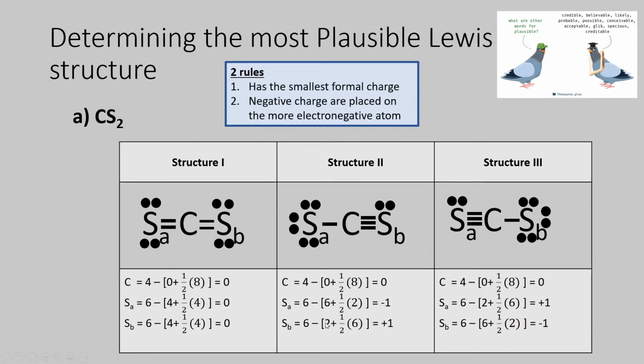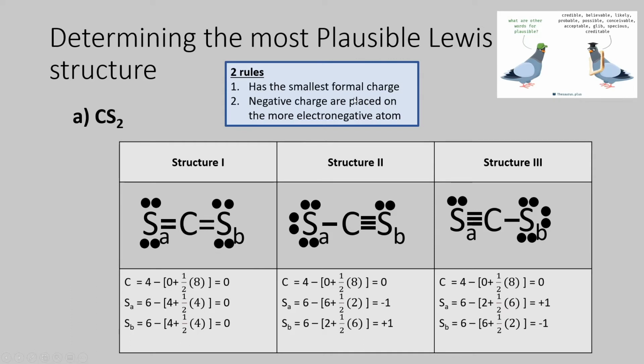Okay, so you rasa which of these 3 compound is the most plausible? Structure 1. Yes, structure 1. Sebab? Sebab dia kosong. Yes, smallest formal charge. Maksudnya, duit awak memang guna betul-betul untuk semua benda yang awak guna.